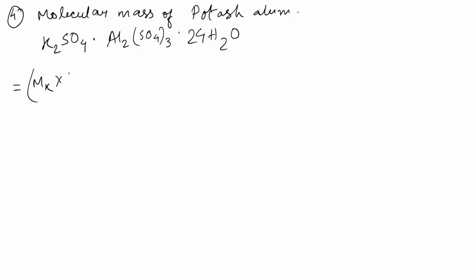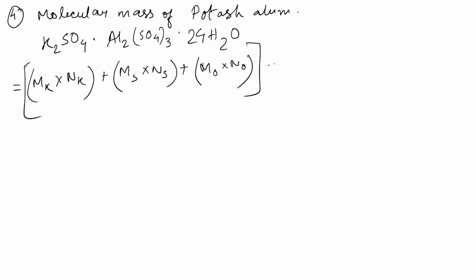So this will be mass of potassium into number of potassium plus mass of sulfur into number of sulfur plus mass of oxygen into number of oxygen, this is 1 unit, plus mass of aluminium into number of aluminium plus, see now this is (SO4) whole 3, okay.